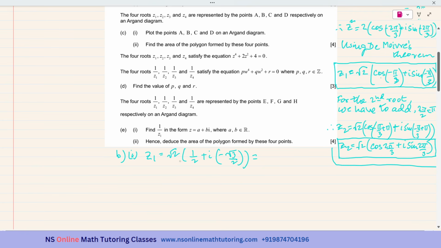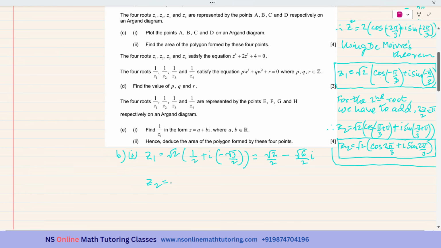This is equal to root 2 over 2 plus, or sorry, minus, it is root 6 over 2 i.